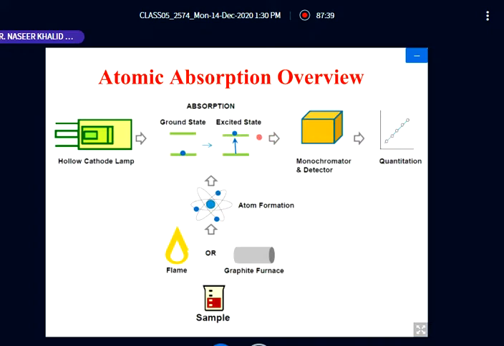Now, this is 100 units. This is less than 100 units, for example, 65 units. Where have the 35 units gone? The monochromator will detect and quantify this. We say that 35 units have been absorbed, so this is the absorption.